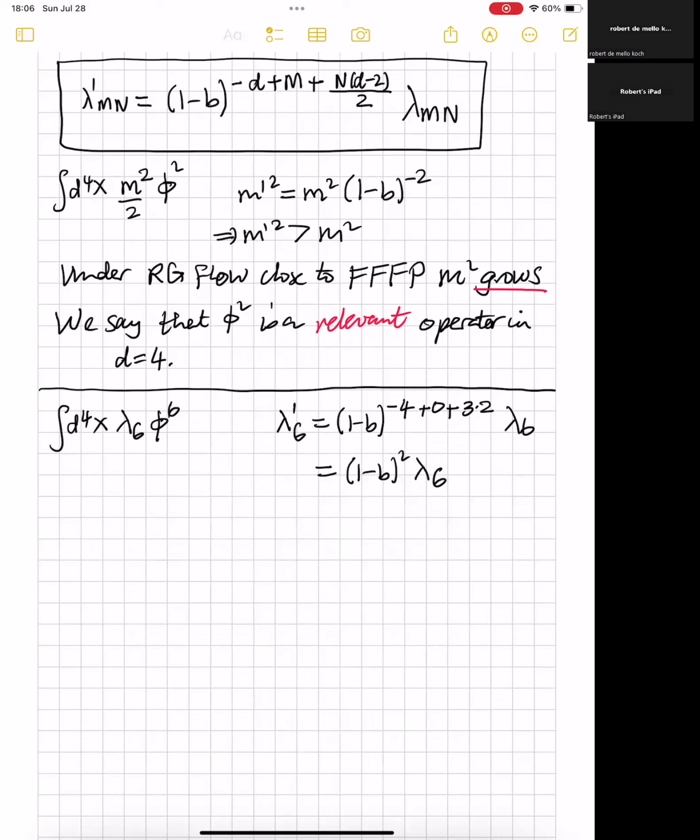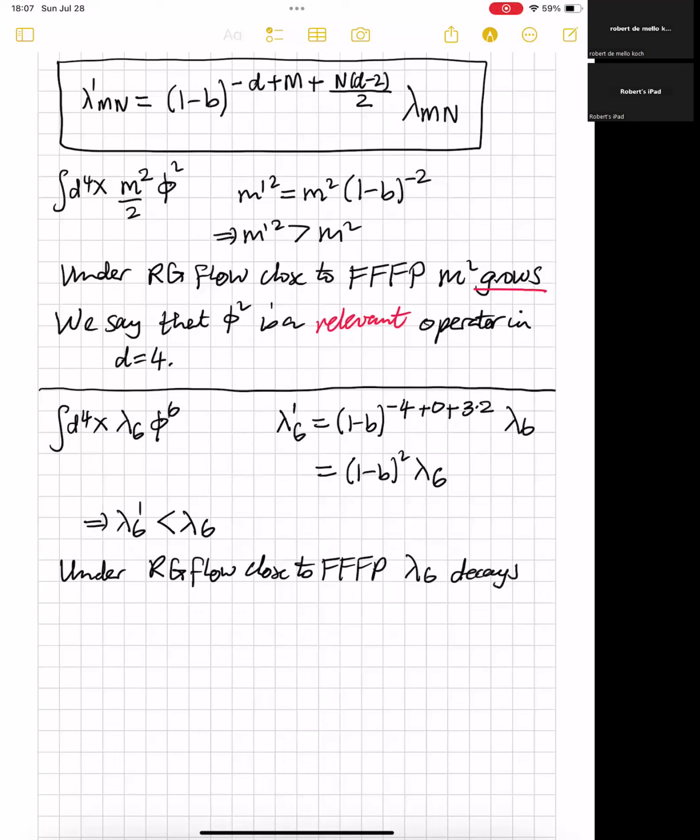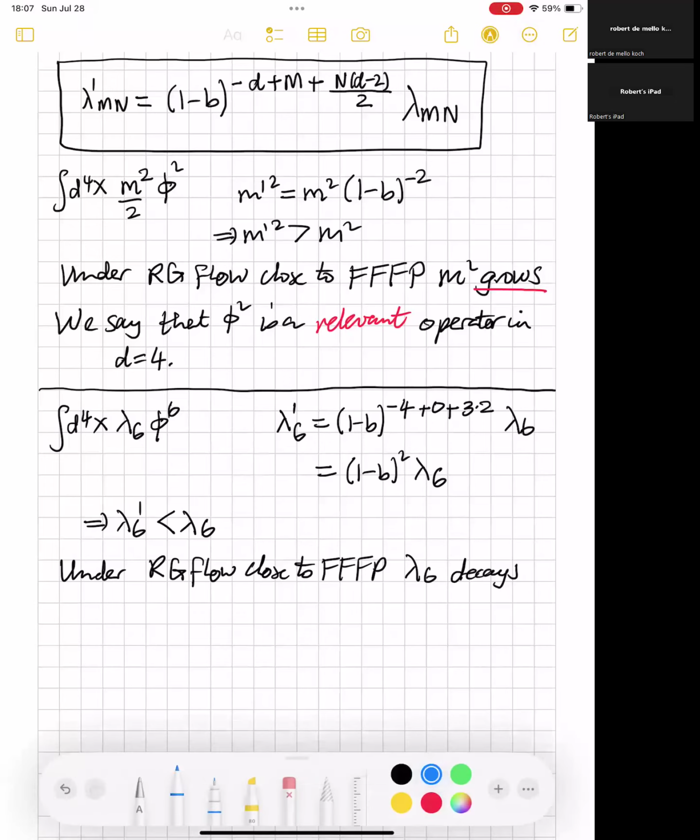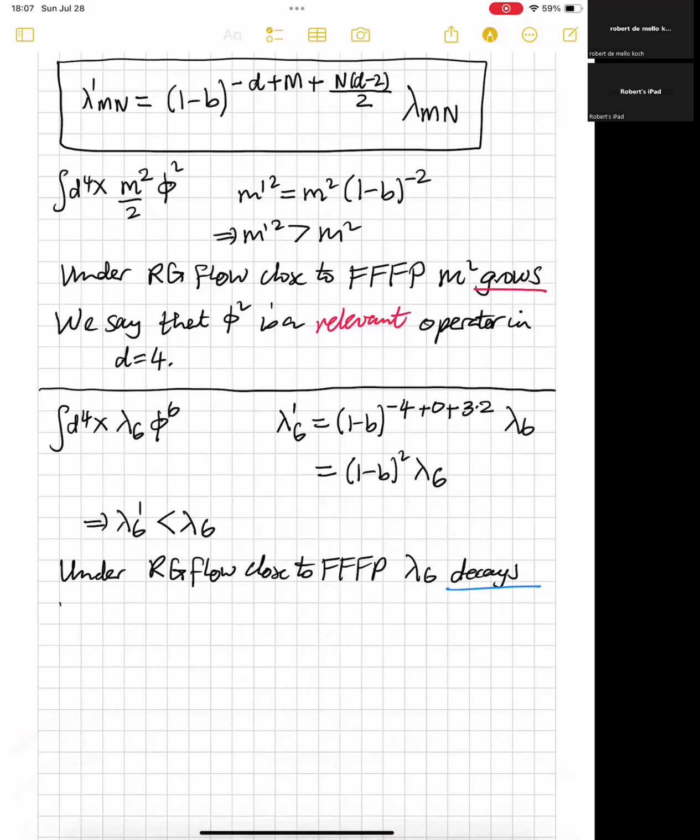Remember, 1 minus b is less than 1, and that means that lambda 6 prime is less than lambda 6, and that means under RG flow close to the free field fixed point, lambda 6 decays. It gets smaller, okay? So it starts to decay. There's some language for this.